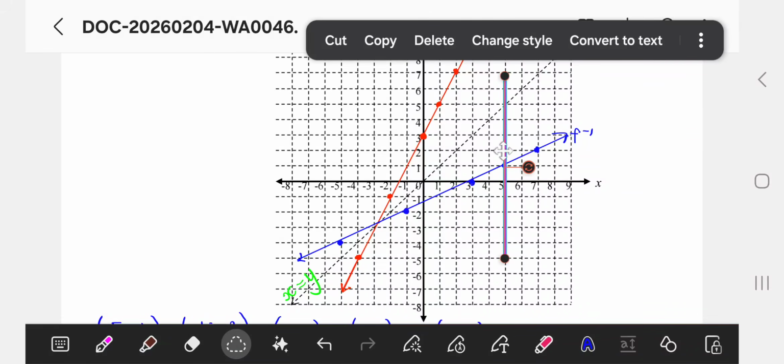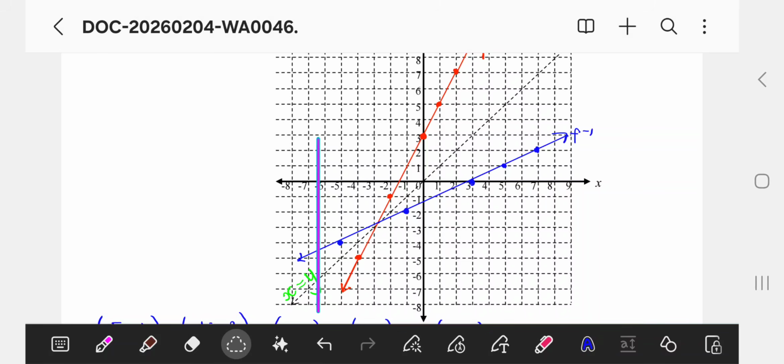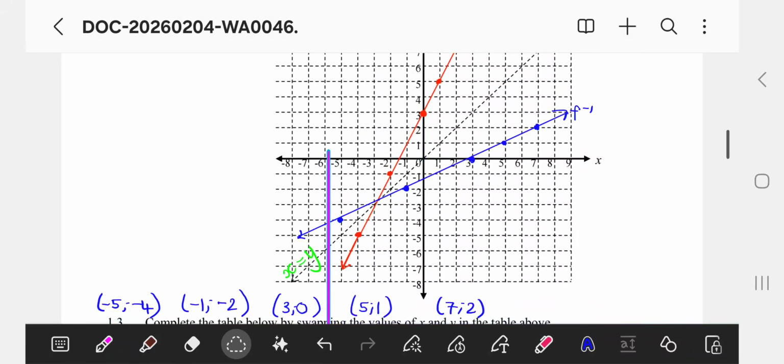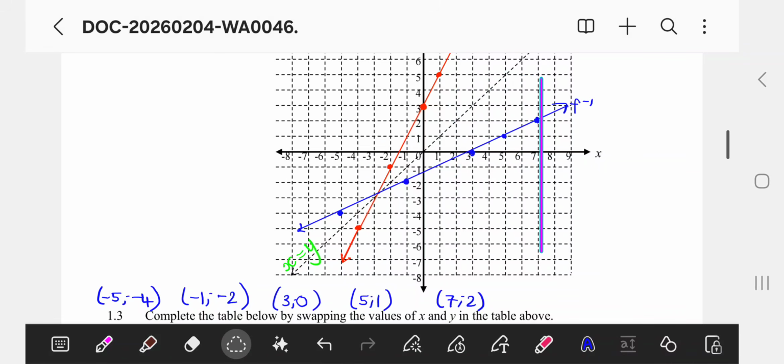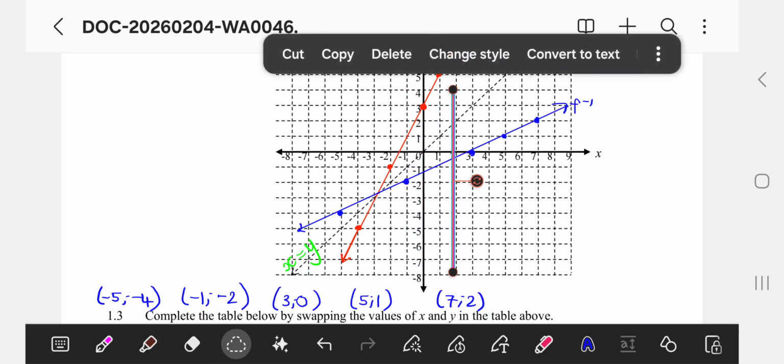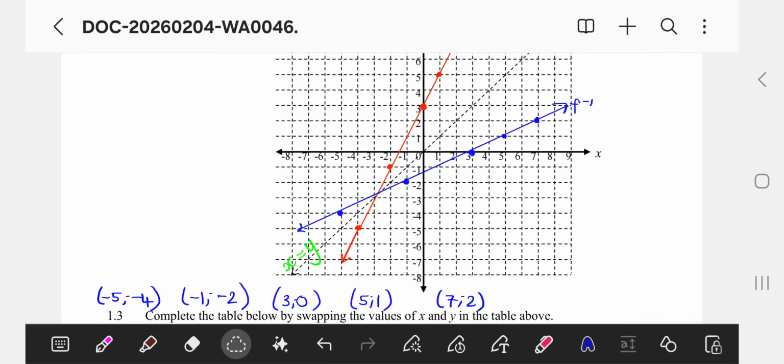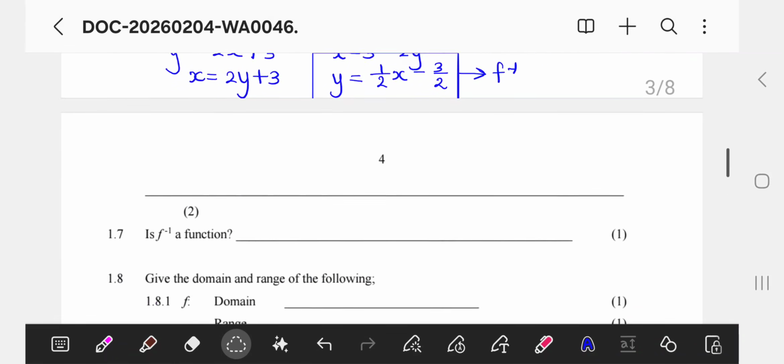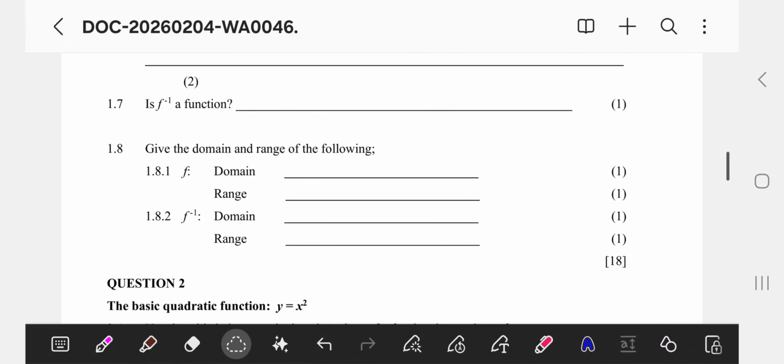And if I were to draw this line anywhere, if I had to move this line, it is going to intersect the blue graph once only. We're just ignoring the red for now, okay? Because they're not asking about that. But yes, if I have to move this line anywhere, it will always intersect this graph of f to the minus 1 once, which means that f to the minus 1 is a function. So for 1.7, we are going to say yes.